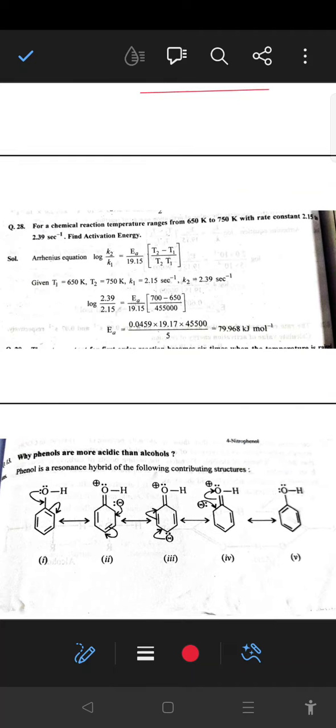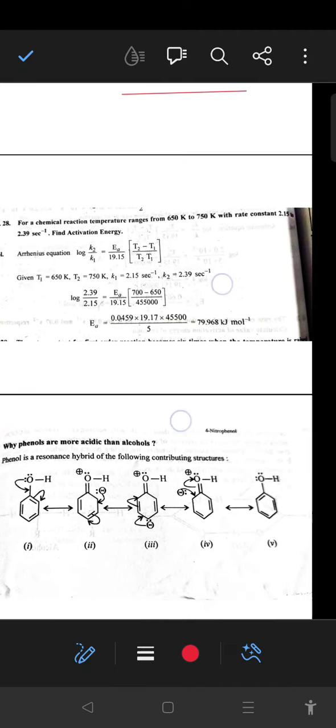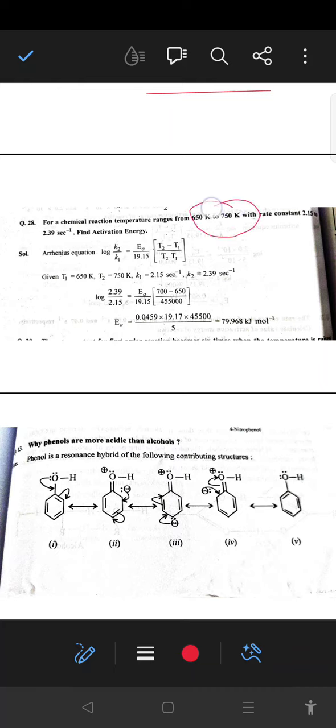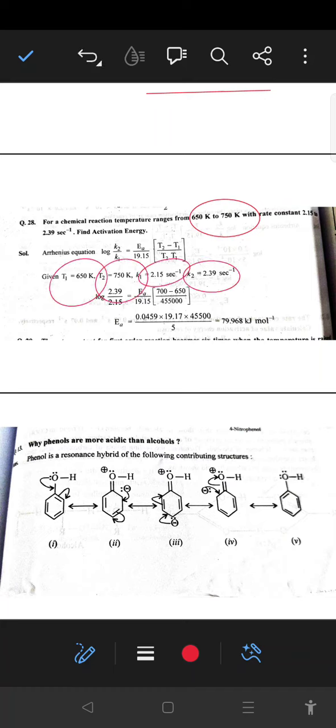Next is, for a chemical reaction, the temperature changes from 650 to 750 Kelvin at a rate constant of 2.51 centimeter inverse to the 2.3239. So K1 is given, K2 is given, T1 temperature and T2 are also given.